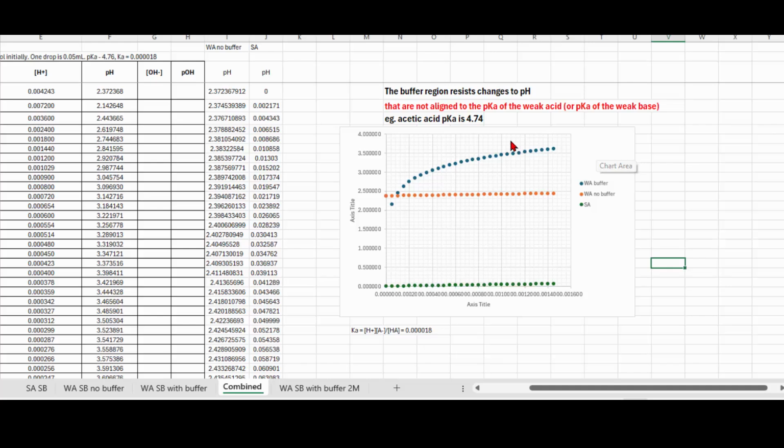Now, so that's the answer there. That's the red. That actually makes sense. Not buffer region resist changes to pH. Buffers do resist change to pH, but in a titration situation, it's only resisting changes to the pH that are not 4.74.